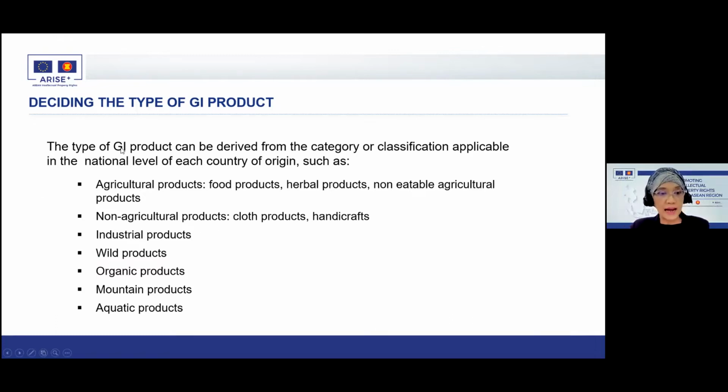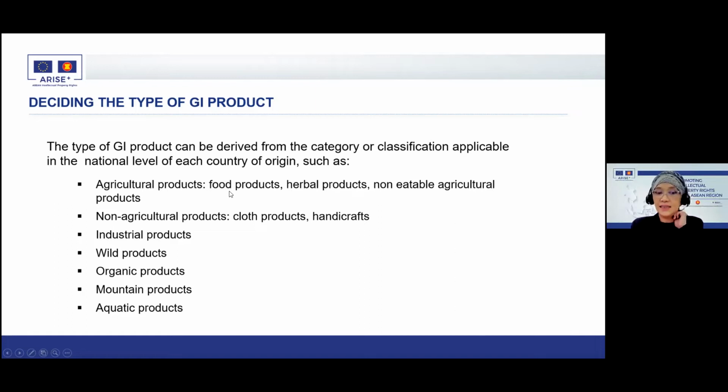So the type of GI product can be derived from the category or classification applicable at the national level of each country of origin. We haven't got any unified classification system in GI, okay?